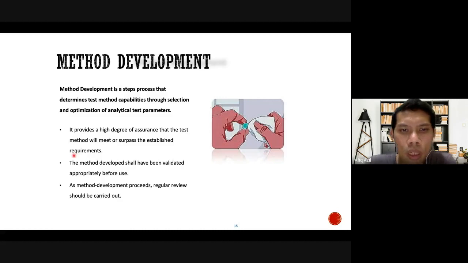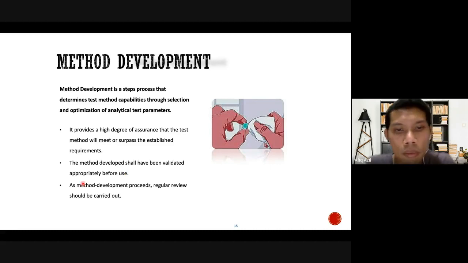It also tells you whether the method developed should have been validated appropriately before use. Okay, once you have this method to be used, for example, to do the assay of a particular drug formulation, that method has to be validated first. Later we will see what falls under the validation part.